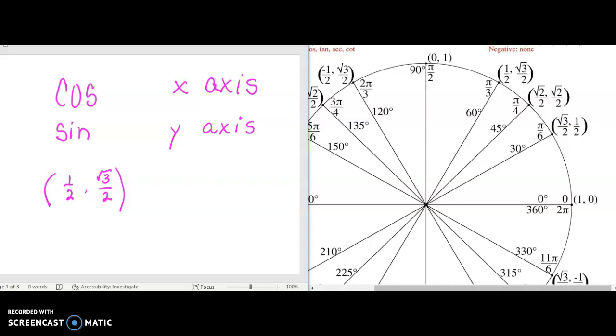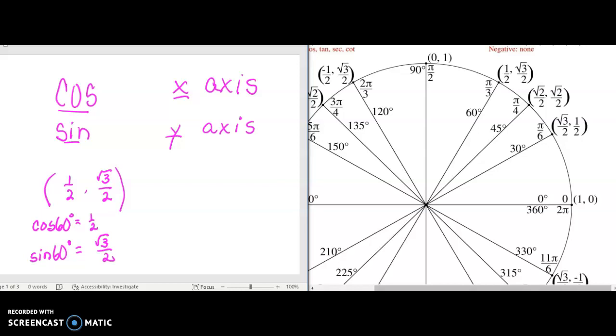If I were to ask you what is the cosine of a 60-degree angle, you would say the cosine of a 60 is equal to 1/2. Cosine is associated with the x-axis, and sine is associated with the y-axis. So if I were to ask you what is the sine of the 60-degree angle, you all would tell me square root of 3 over 2.